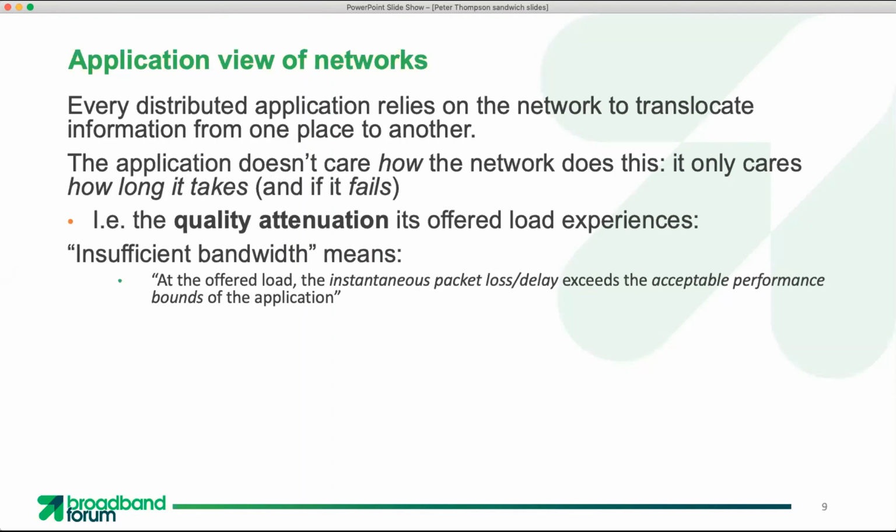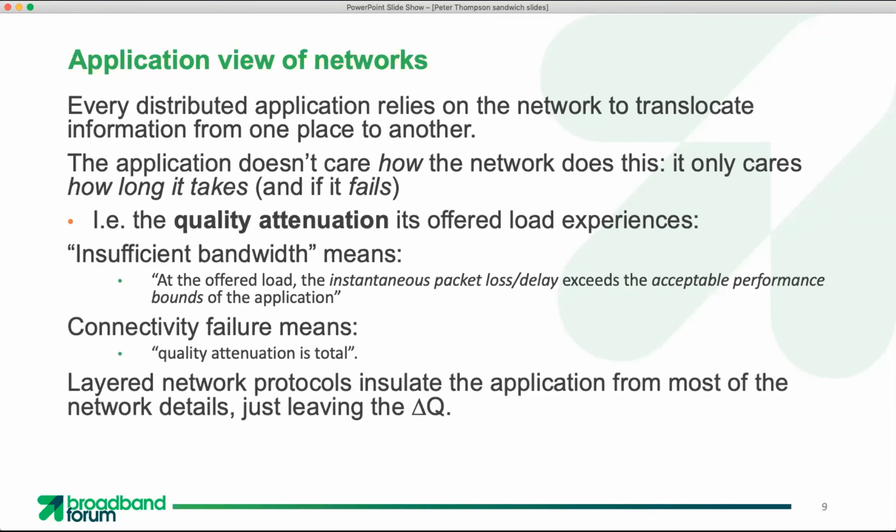So when we talk about insufficient bandwidth, we can reframe that as meaning at the load we're offering, the loss and/or delay that we're receiving exceeds the bound that we're prepared to take. And we can even represent a connectivity failure by saying the quality attenuation is total.